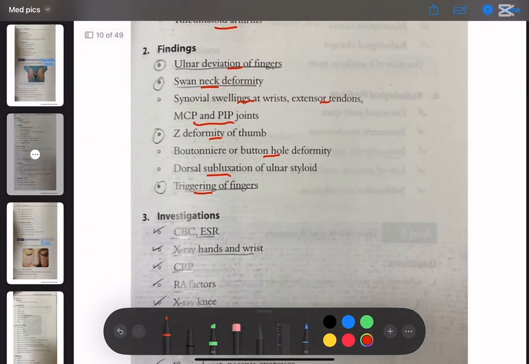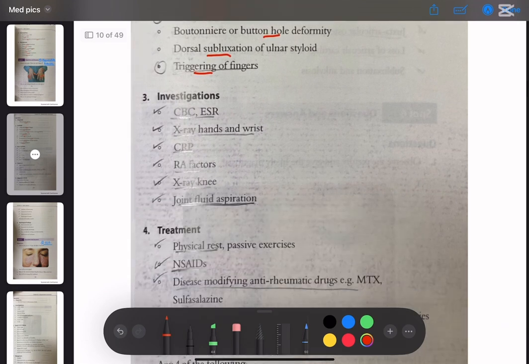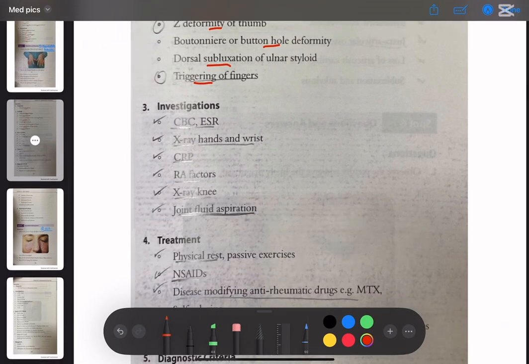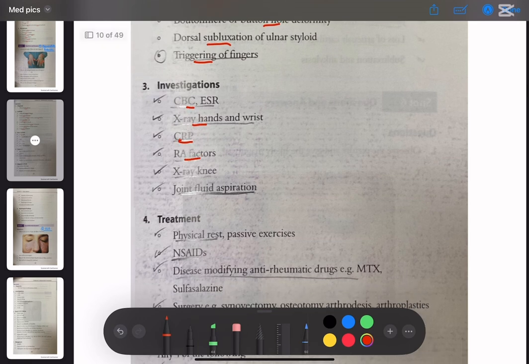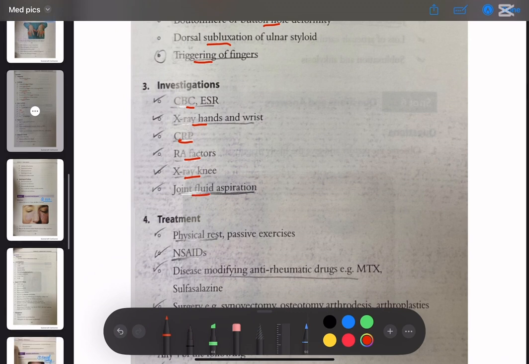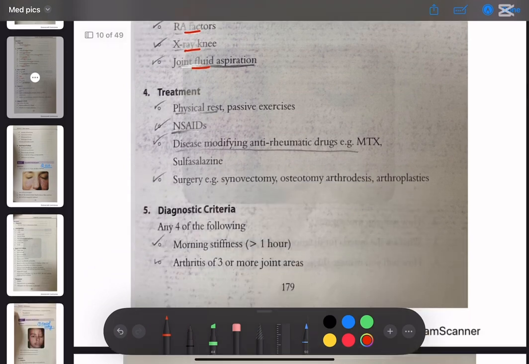And the investigation options that are done for rheumatoid arthritis are CBC and ESR, X-ray hands and wrist, C-reactive protein, rheumatoid factors, X-ray knee, and joint fluid aspiration. The treatment options are physical rest and passive exercise, and NSAIDs are given.